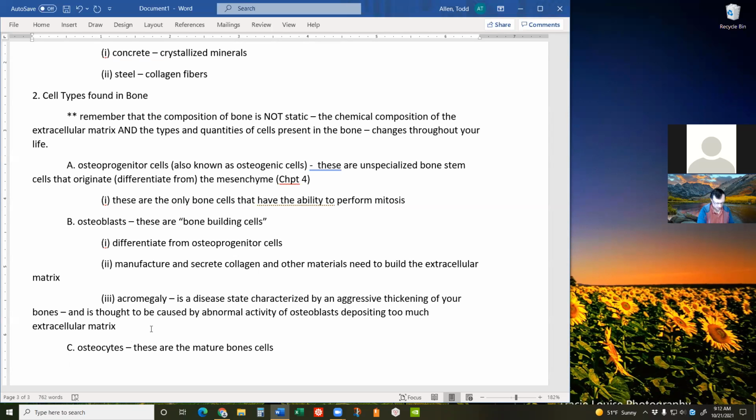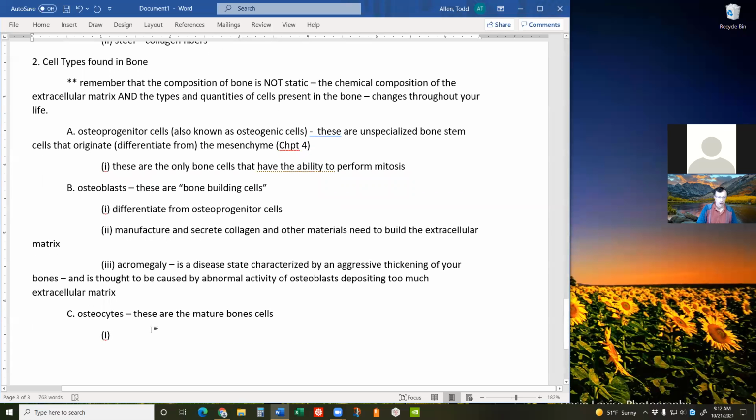Osteocytes, typically in your adult body, are kind of like mom and dad. And by that, I mean mom and dad, what do they take care of? Mom and dad go to work every day. They pay the bills. They keep food on the table. They keep the heat on in the wintertime. They do all the things that are not very sexy or fun, but is absolutely essential to life, right? So osteocytes are the mature bone cells.